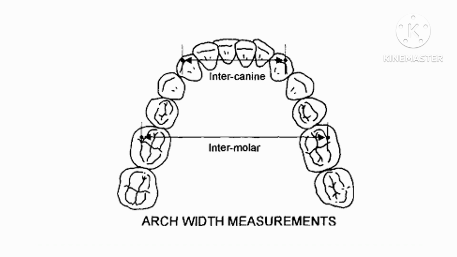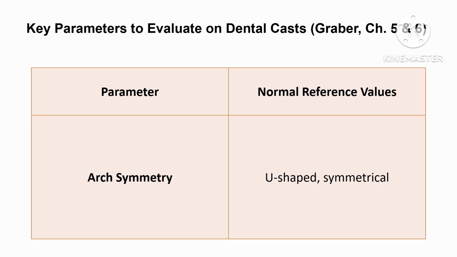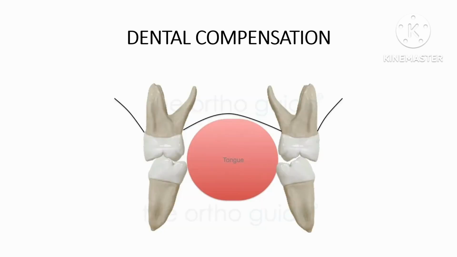Intermolar width in normal maxilla is 48 to 51 mm, and in mandible it is 44 to 47 millimeters. Whereas a smaller maxillary measurement than the mandibular indicates a likely skeletal crossbite.